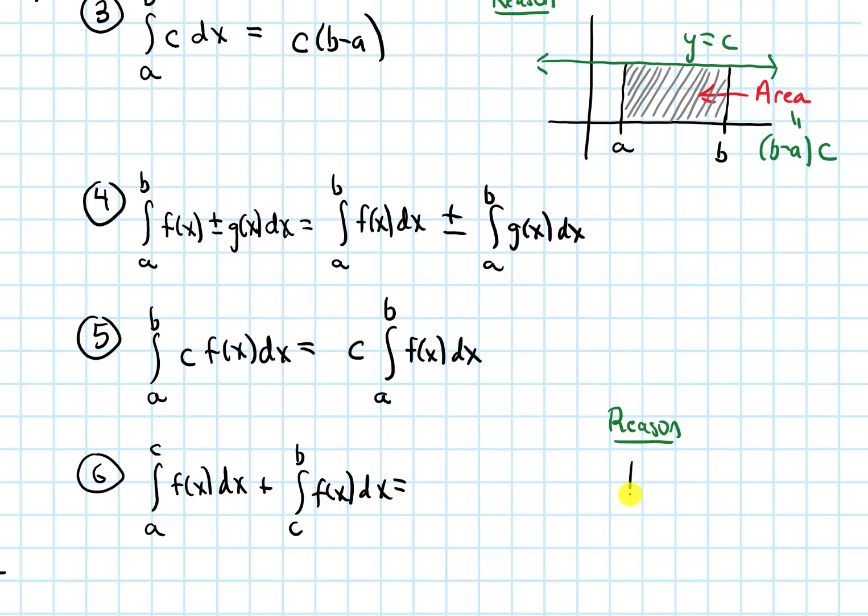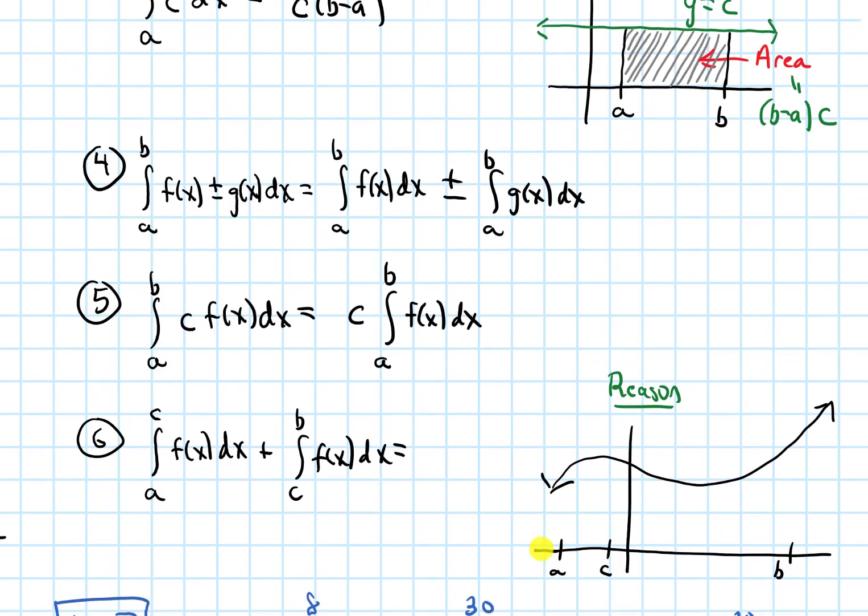So let's draw a picture. So let's draw some axes, and I'll draw some function. All right, and I'll draw a here, and then c, and then b a little bit further. Okay, and so my first integral is from a to c, so I'm going to shade that area in. From a to c, that would be something like this.